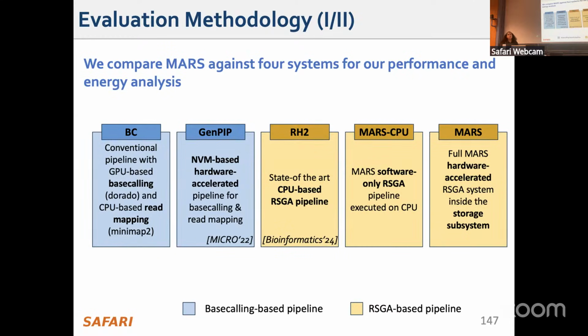So it's using acceleration primitives outside the SSD in this case. By looking at that, we can see what the benefit of doing things in the SSD is anyway. Okay, so we have RowHash2, the state-of-the-art CPU baseline for RSGA, and Mars CPU, with all of these optimizations only in software, and the full-fledged Mars, which also uses these hardware units in the SSD.